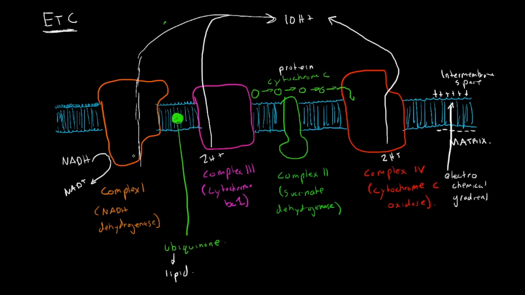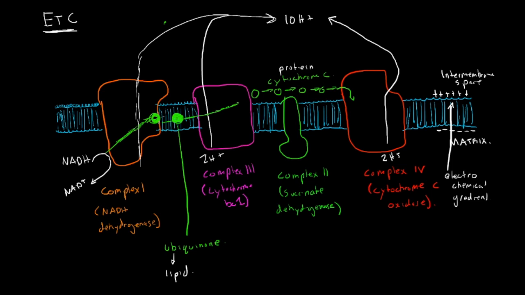First here at the very beginning of complex 1, you're going to have NADH that comes in, and it gets oxidized to NAD+. The electrons start moving their way through the electron transport chain, following this kind of weird pathway, and they go from complex 1. Ubiquinone here, I want to draw that in green, will take these hydrogens and take it to cytochrome C here.